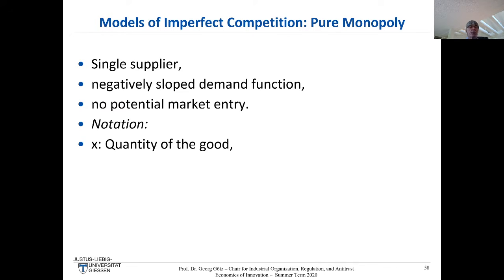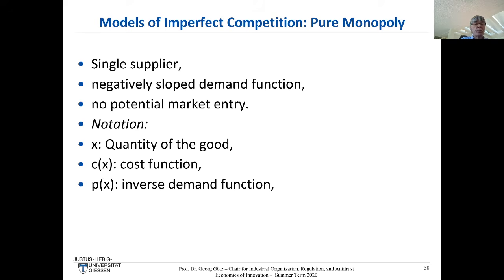I just want to present some notation. X, or later on also Q, will denote the quantity of the good, but for the minute this is X. We have a cost function, C of X, which denotes the cost you have if you produce output quantity X. You have an inverse demand function, which is negatively sloped.